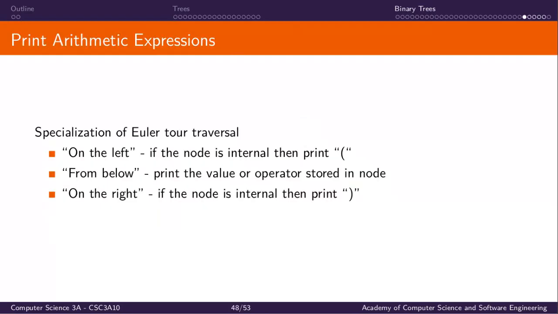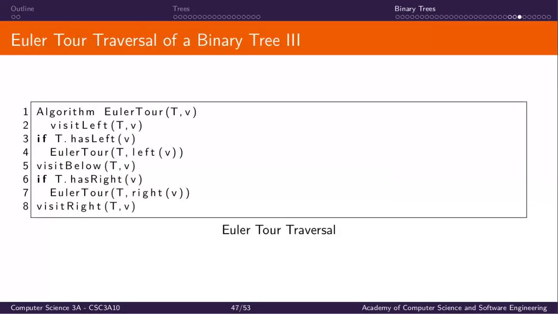Here, we could have written this in pseudocode or actually in code. We are calling these methods on the left, from below, and on the right before we actually define what those are. So here, this is a concrete method. However, it relies on the implementation of all the methods that it calls without actually giving those implementations.